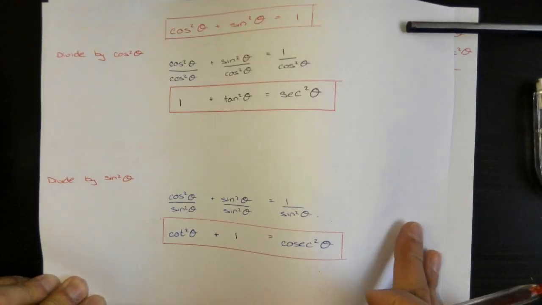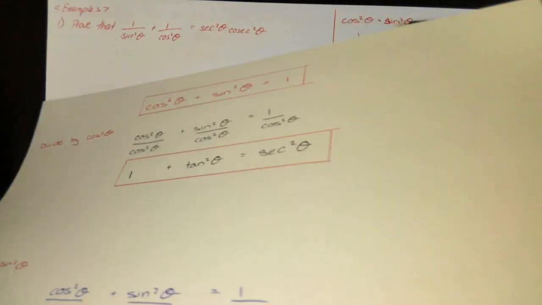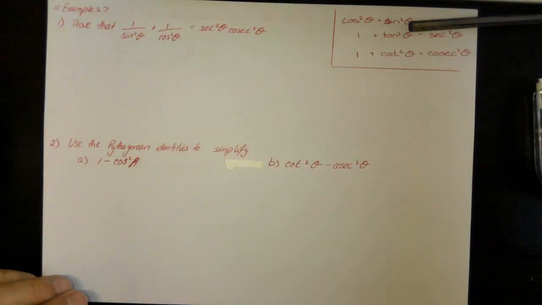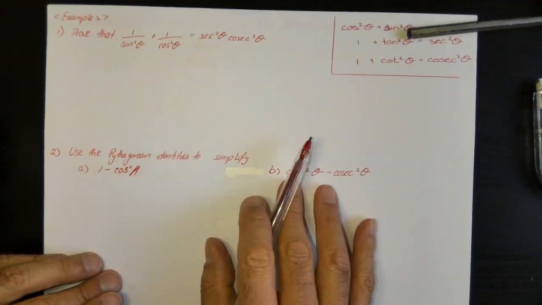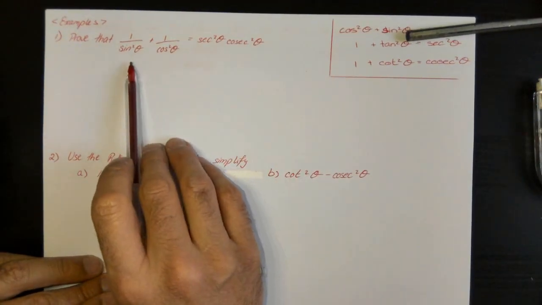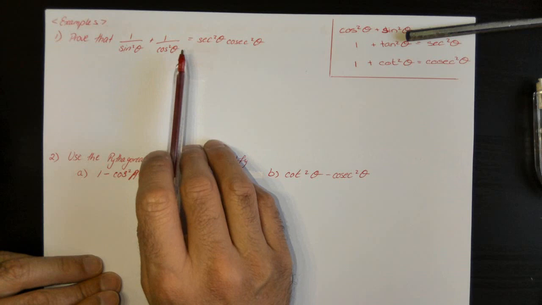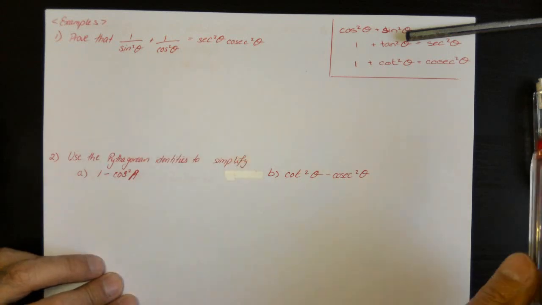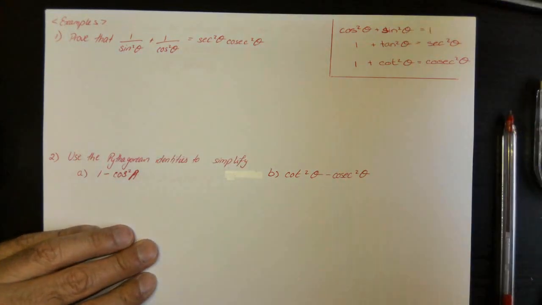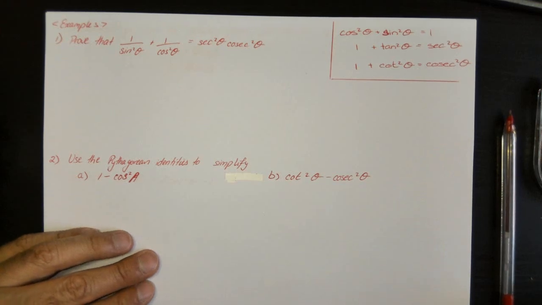Okay, let's do some examples. We want to prove that 1 over sine squared theta plus 1 over cos squared theta is equal to sec squared theta times cosec squared theta.